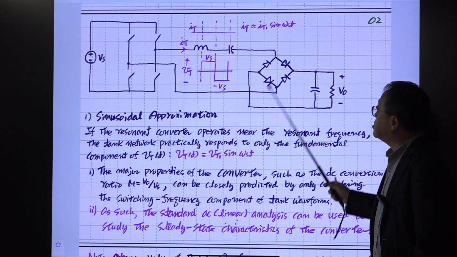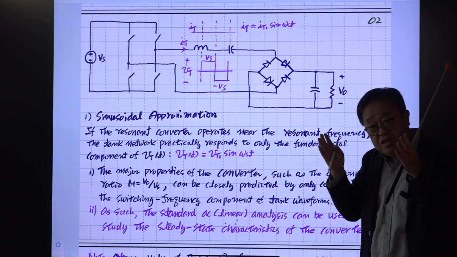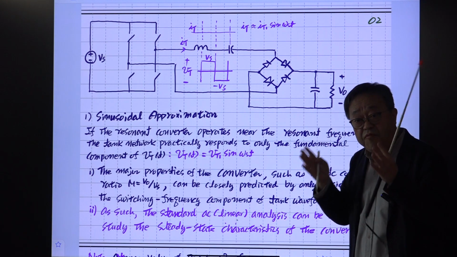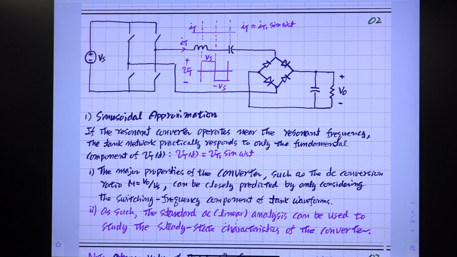Later on, you will see this. This operation is very complex. This is a very limited region of CCM operation near the resonant frequency, above the resonant frequency. If you move the operational point away from that region, the operation of this converter is extremely difficult and shows some strange behavior, DCM operation, but you cannot study all of that in this manner.